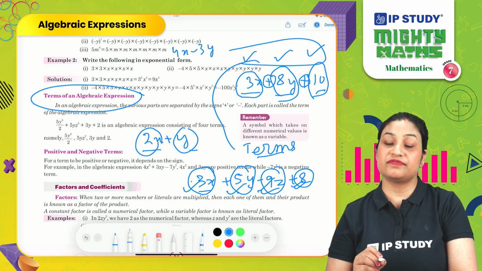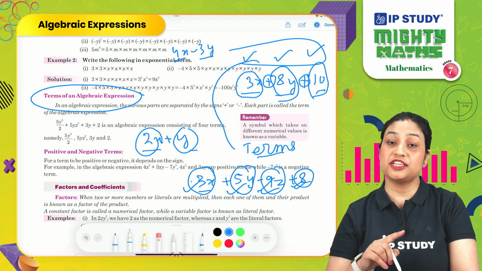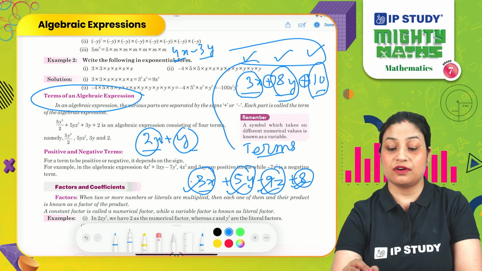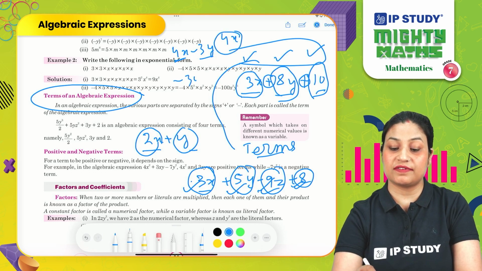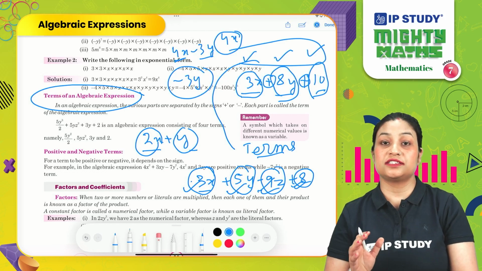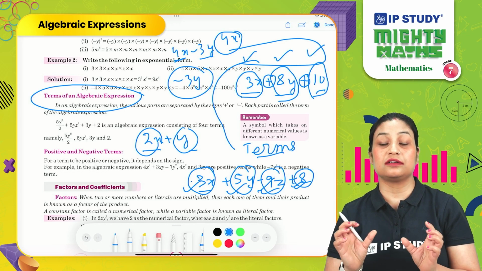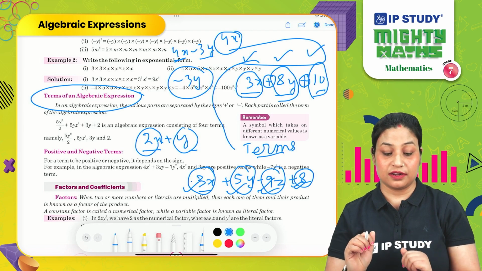So how many terms do we have? Again, we have two terms, 4x and 3y. Which one is positive and which one is negative? 4x, this term is positive and minus 3y, this term is negative, right? So I hope this is very clear to you. What is an algebraic expression and what are the terms in an algebraic expression, right?